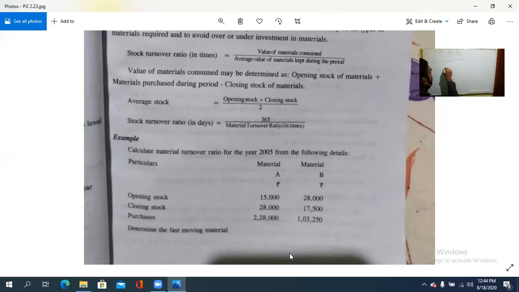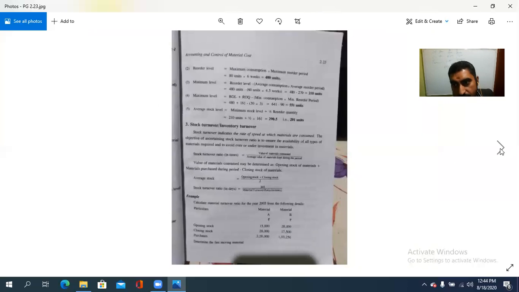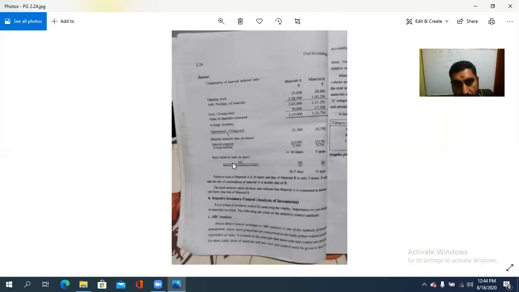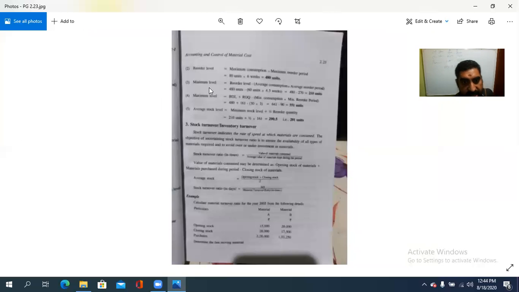Calculate the material turnover ratio. What is the formula? We need to check whether it is in times or in days. This is in days, isn't it? So the second formula we need to use: stock turnover ratio in days. Firstly, the material turnover ratio, MTR, is equal to the value of the material divided by average inventory.